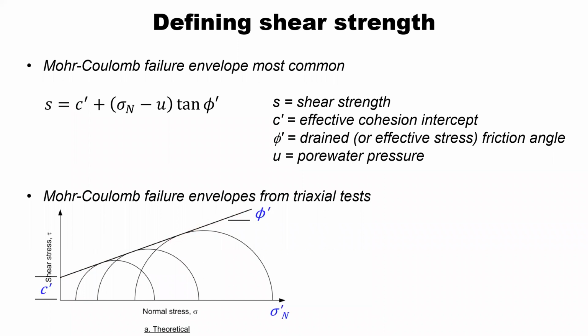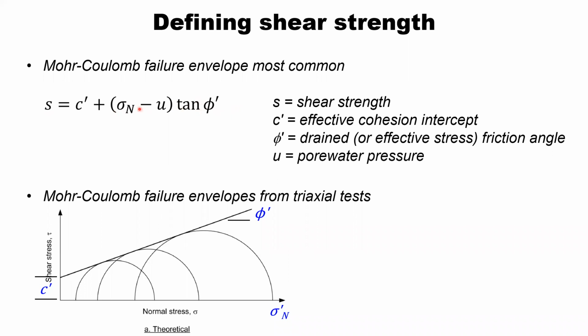The slope of this envelope is what we call the friction angle of the soil, the drained or effective stress friction angle. The intercept here most commonly does not represent real strength. Rather, it is solely an intercept from this straight line equation. For those of you who enjoy math out there, this equation is y equals mx plus b.